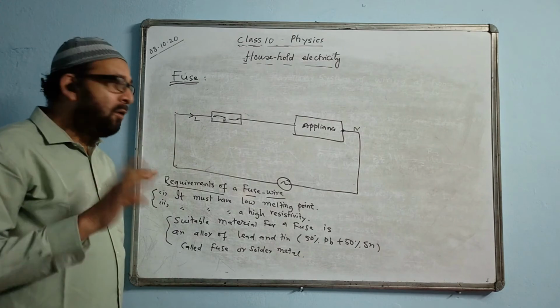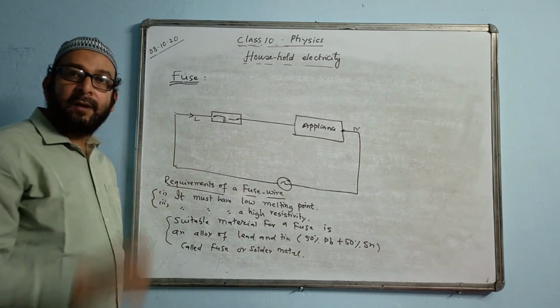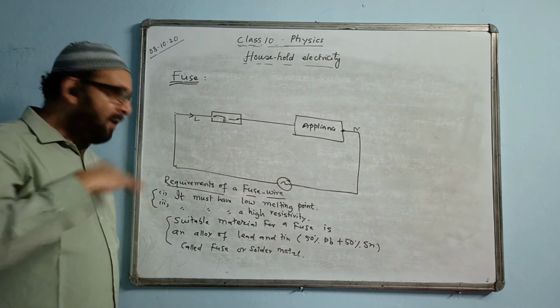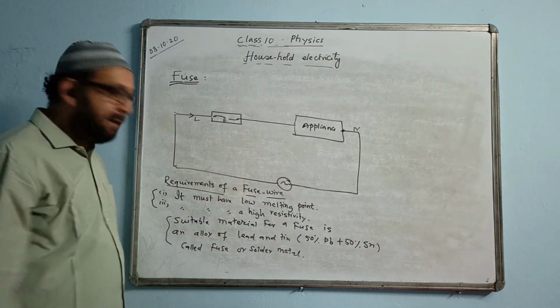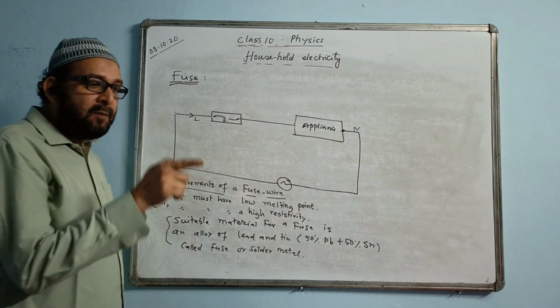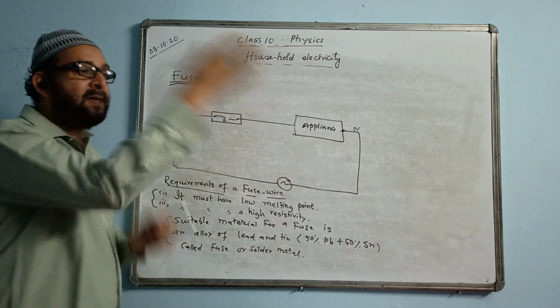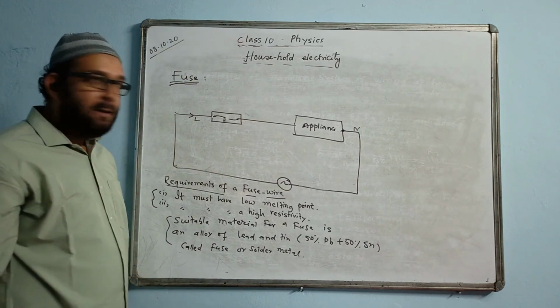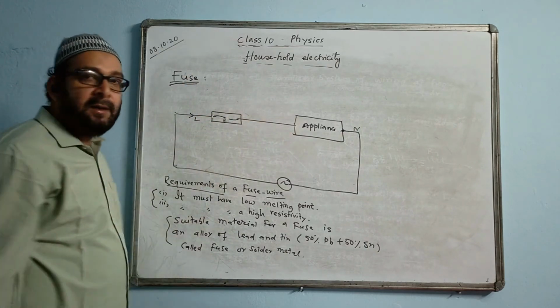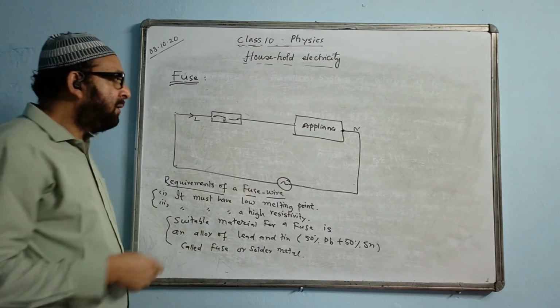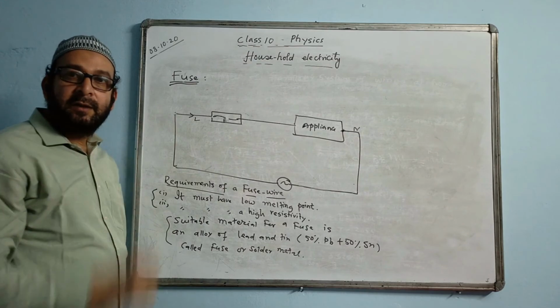We should never use copper wire for making a fuse, because copper wire has a high melting point and low resistivity. That means it won't melt easily, and it will allow maximum current to pass through it. That means the appliances will get damaged and the wire will still be burning. The purpose of the fuse is defeated in that case.